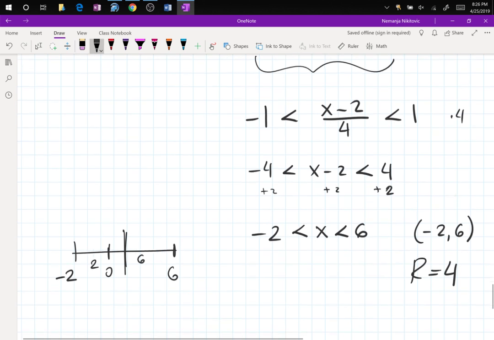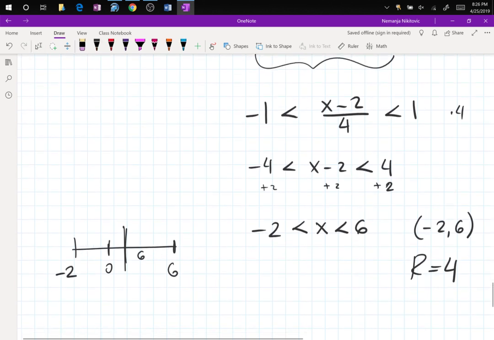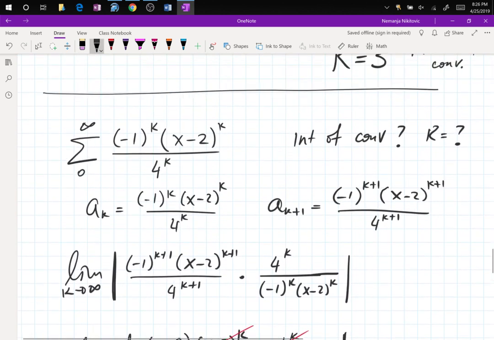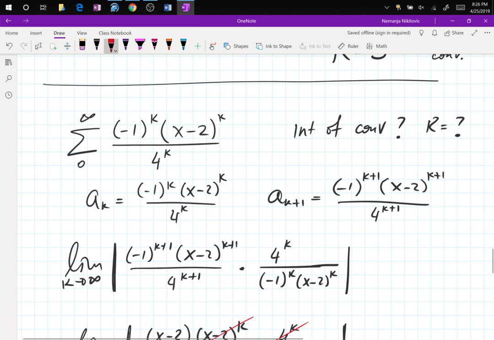Now, at what value is this happening? At what value is this happening? 2. Are you surprised that it's happening at 2? Oh, right. What did the problem say?